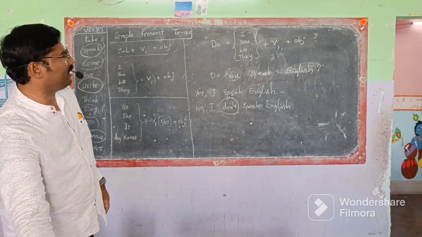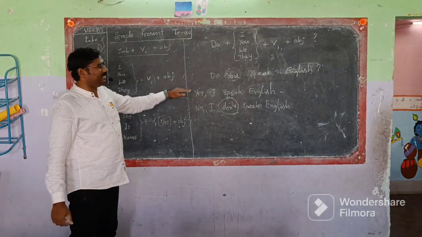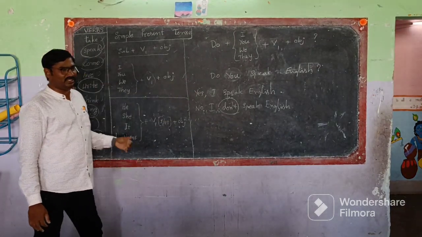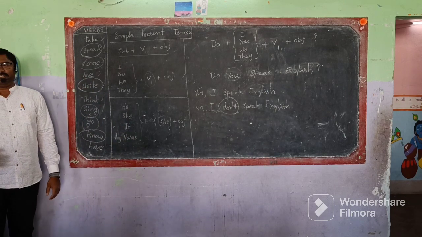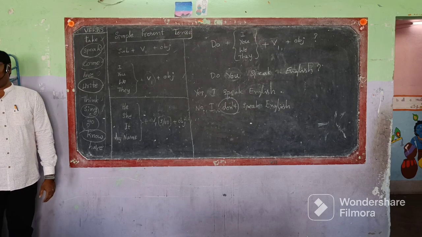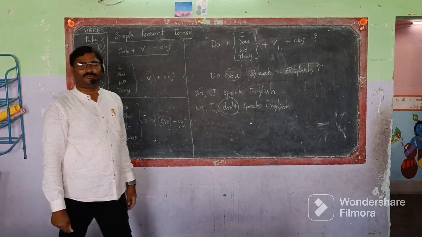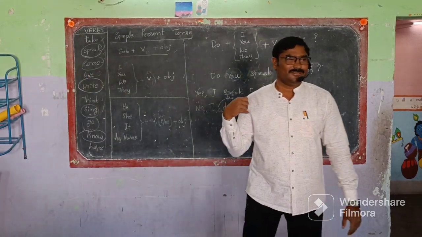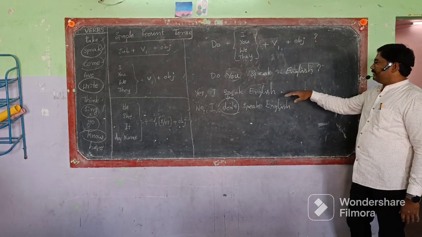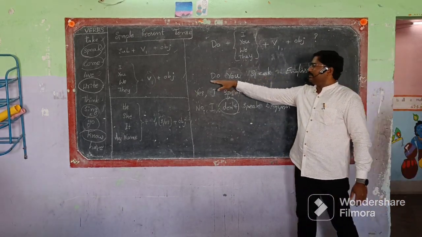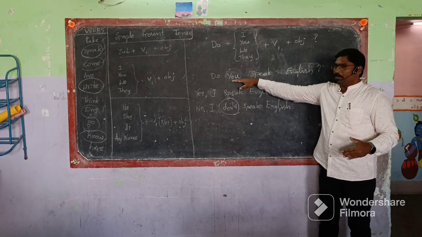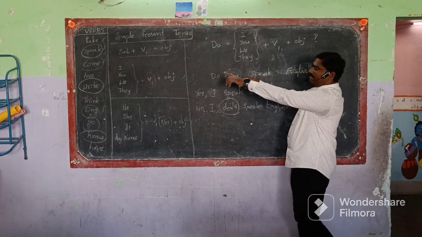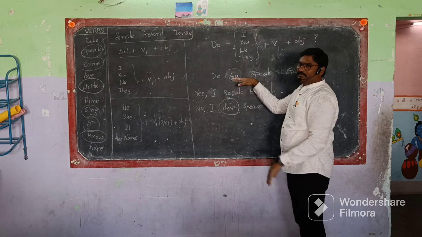Now you can say the sentences using different verbs: question, positive answer, and negative answer, one by one. Have you got it? The question which starts with do. The pronoun you can use is either I, you, we, they.